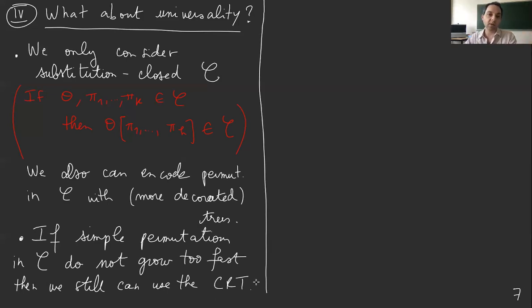So we have this combinatorial condition on C, that it is substitution closed, and this somehow analytical condition, which is that the family of simple permutations does not grow too fast.